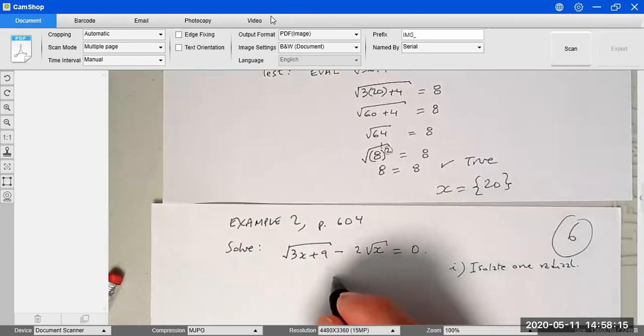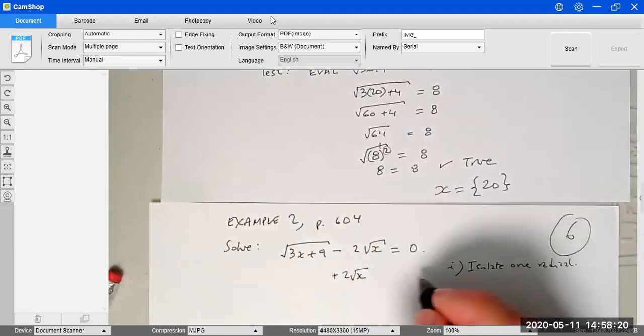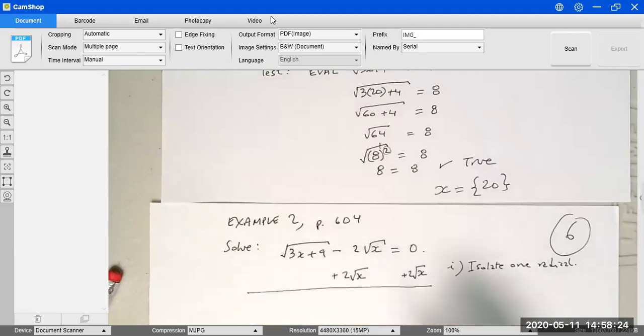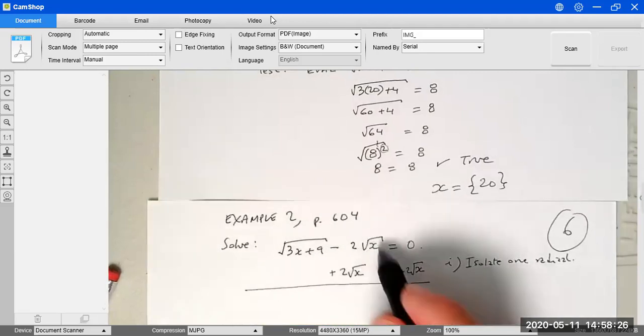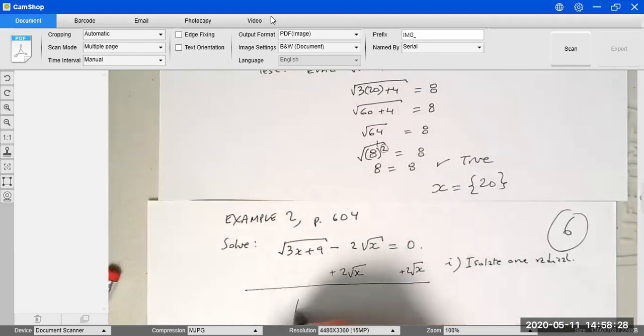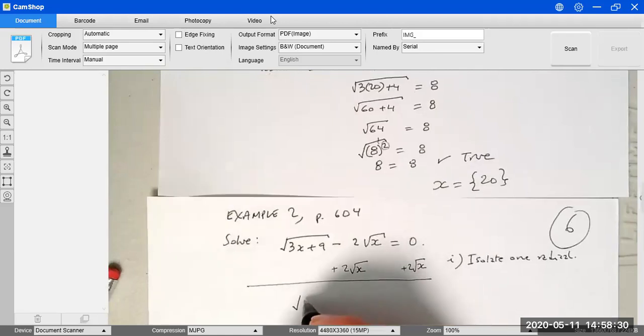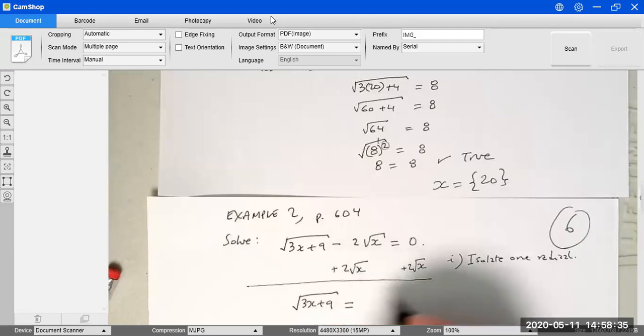So to do that, we're going to add 2 times the square root of x to both sides of the equation. If you do that, then you cancel this and you end up on the left hand side with the square root of 3x plus 9 equals 2 times the square root of x.